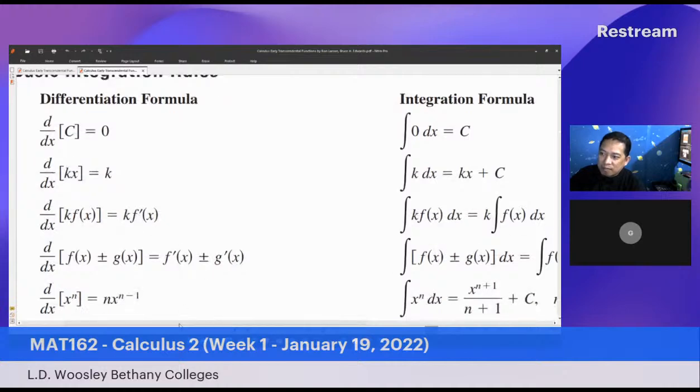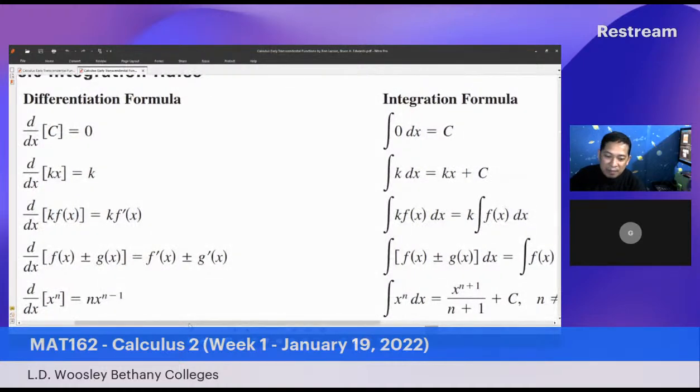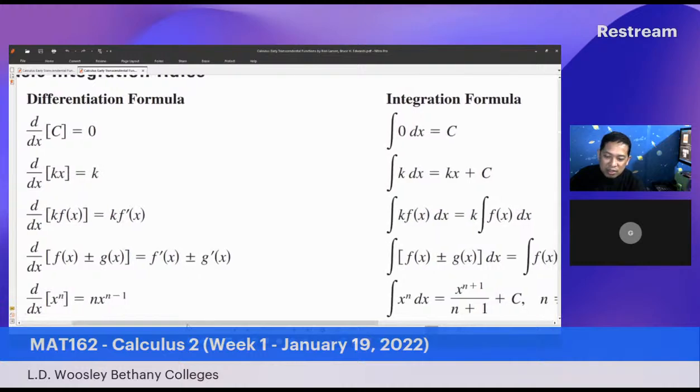Of course, the integration follows also some similar properties to your differentiation, like this one. These are properties for addition and subtraction, no? In terms of the distribution of the integration or differentiation. So here, the differential of a sum is equal to the sum of the differentials of the addends. Kumbaga, pwede mong kunin muna yung sum bago mo kunin yung derivative.